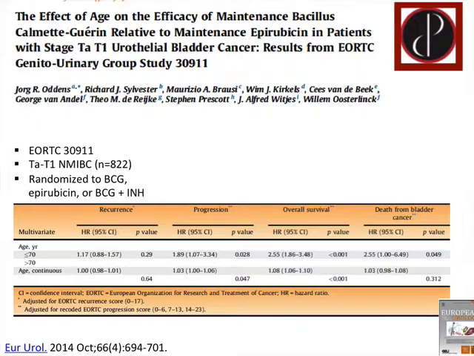And they looked at age in a different way, less than 70 or more than 70, and then as a continuous variable. So there was no difference between the 2 groups in recurrence rate, but there were differences in progression-free survival, overall survival, and deaths from bladder cancer.